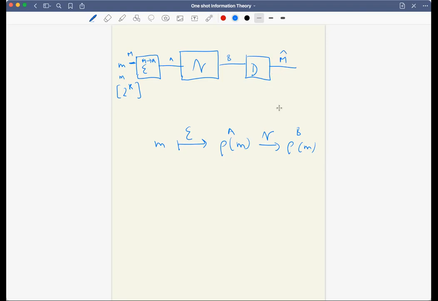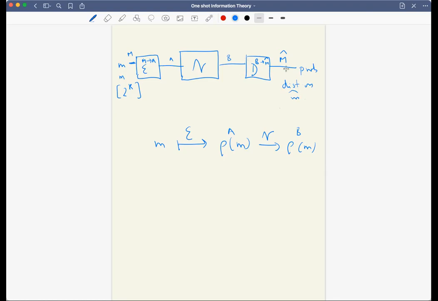The alphabet is the same, because the input alphabet of the message is from 1 to 2 to the R. Whatever the output is, it's a probability distribution over 1 to 2 to the R. So it will be m hat. Let's give a name: this is B to m hat. That's what the decoder does, and what I get here is a probability distribution on m hat.